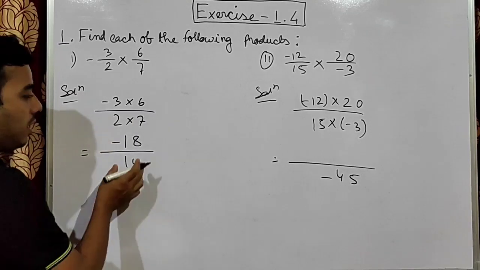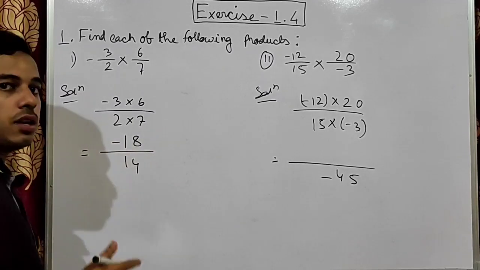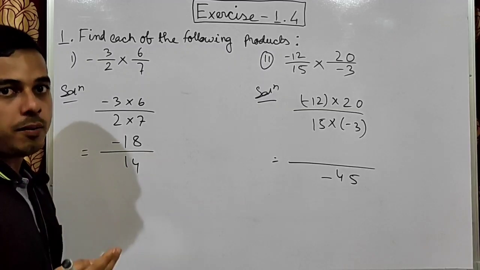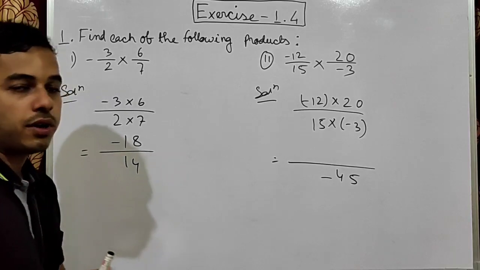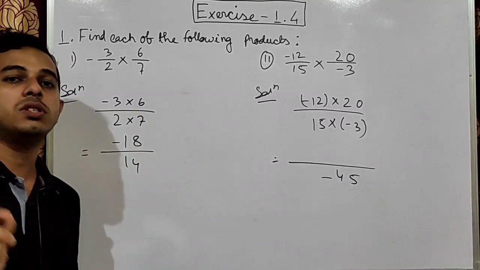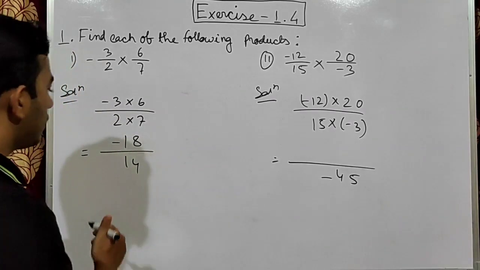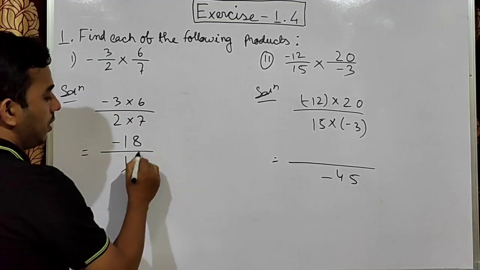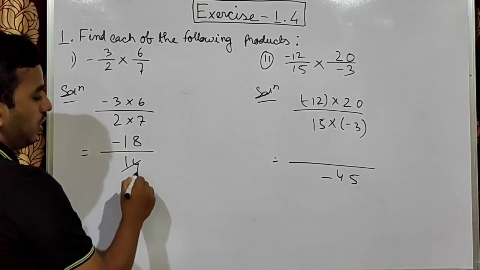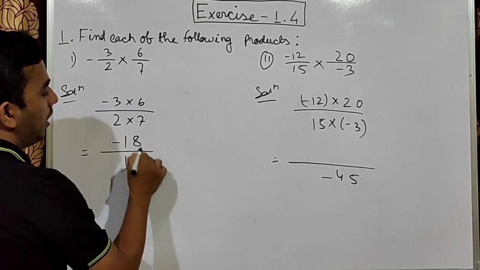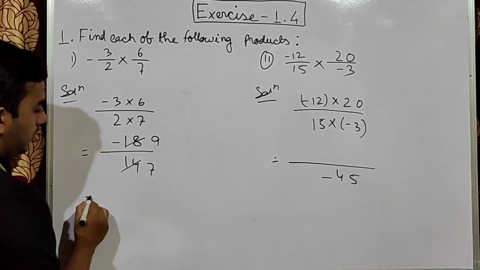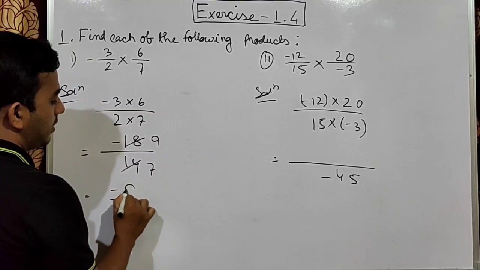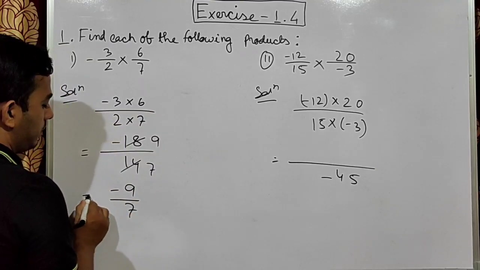Both the numbers are divisible by another number, right? We have to find the products, or simplify anything to its simplest form. So now if we cancel it with 2, it will be 7 and it will be 9. So it will be minus 9 by 7. Clear?